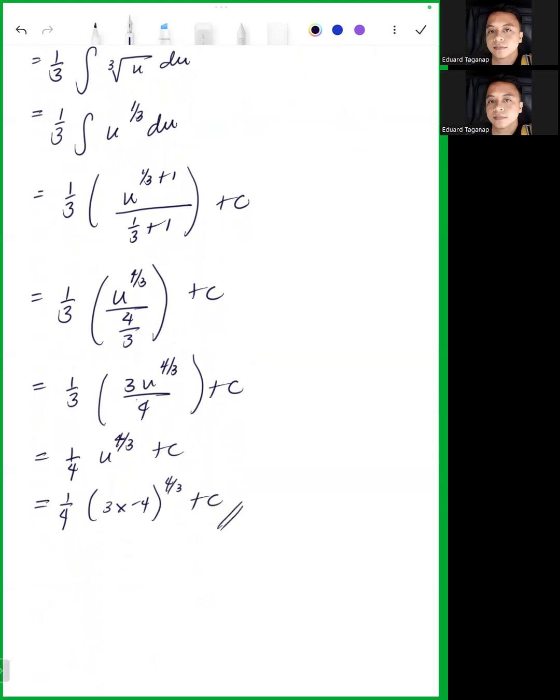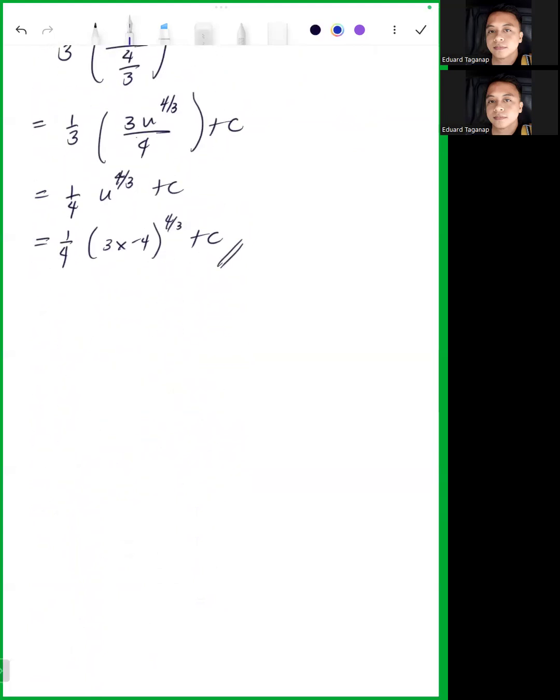Now let's try number 3. What you can do is solve it on your own first, then pause this video, and check if we got the same answer at the end. For number 3, the given is the integral of x times the cube root of x squared minus 9 dx. What are we going to let as a new variable?